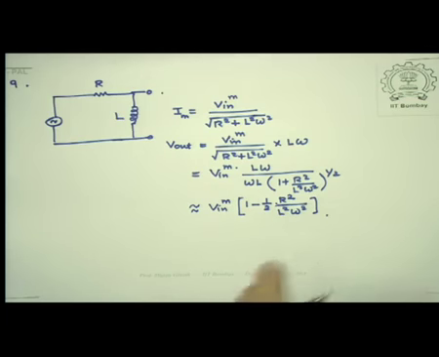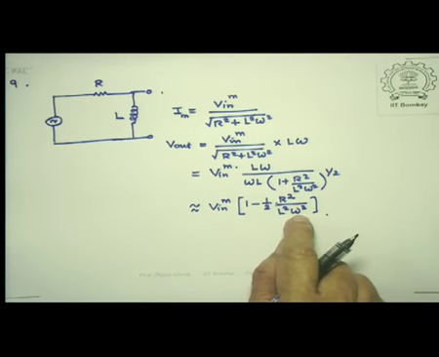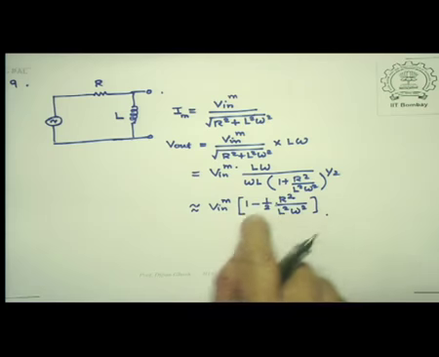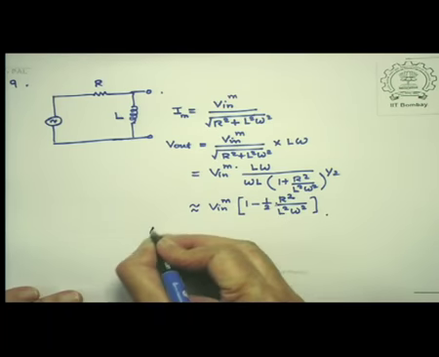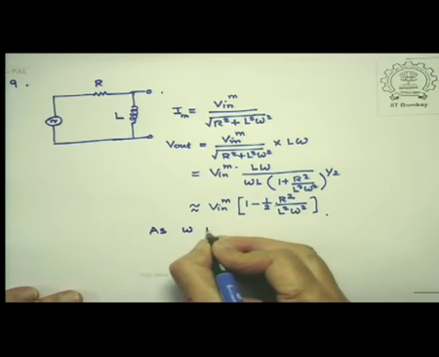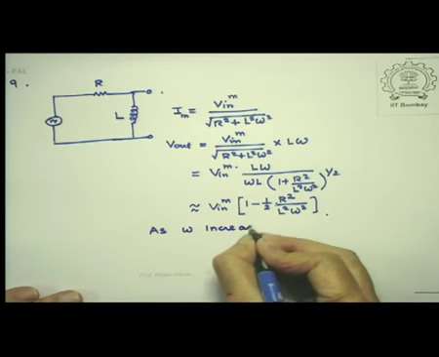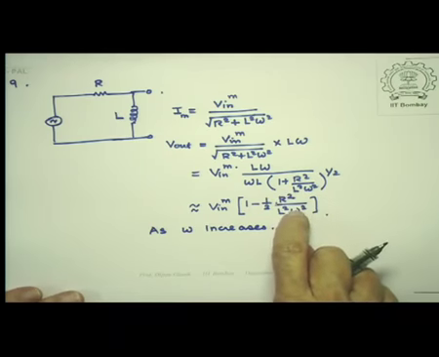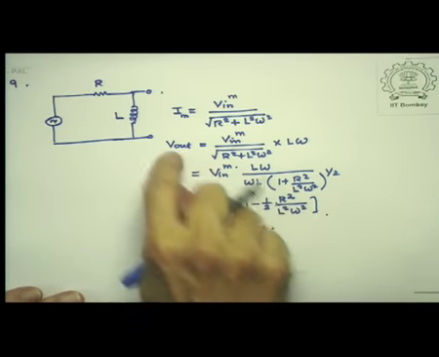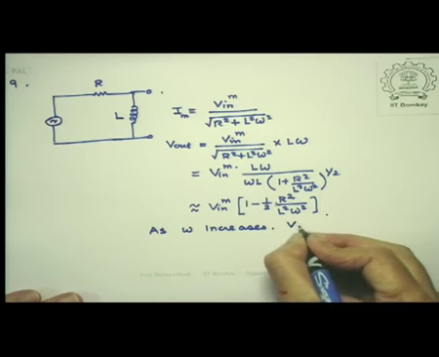So you can see immediately that as omega increases, this term goes on decreasing. It will become smaller and smaller, and V out will approach V in.